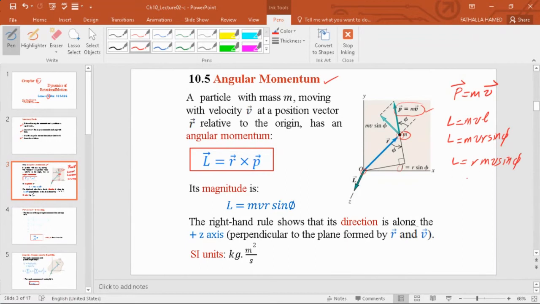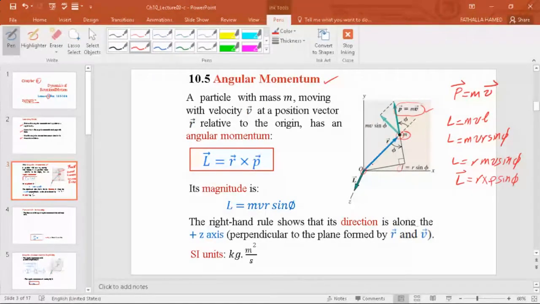And of course, you can take this if you regard r as a vector and the momentum as a vector. So you can say that L here will equal r cross p times sine phi, where phi is the angle between both of them.